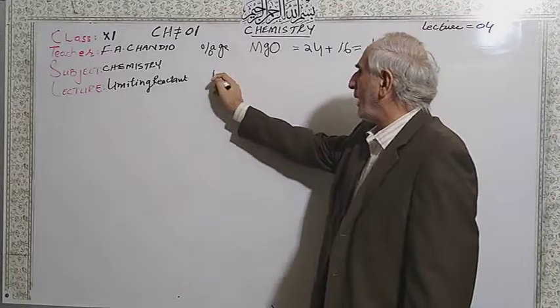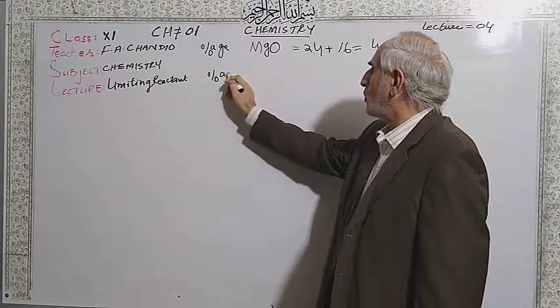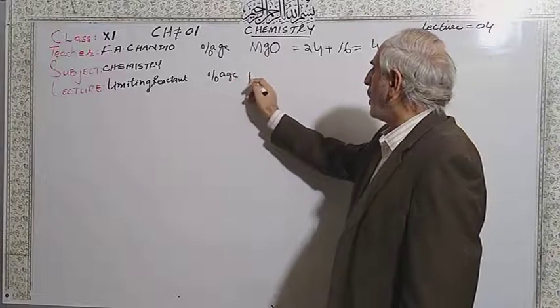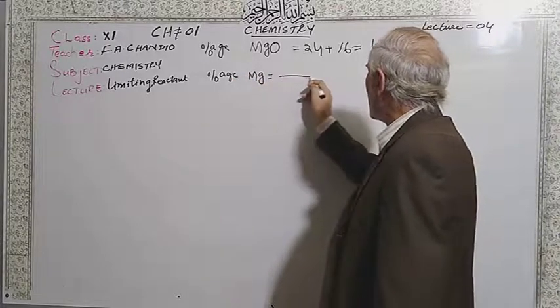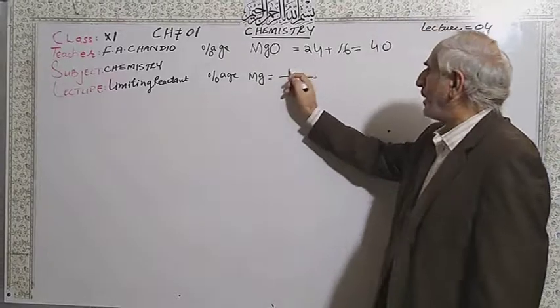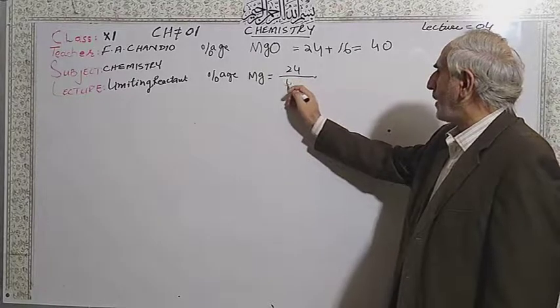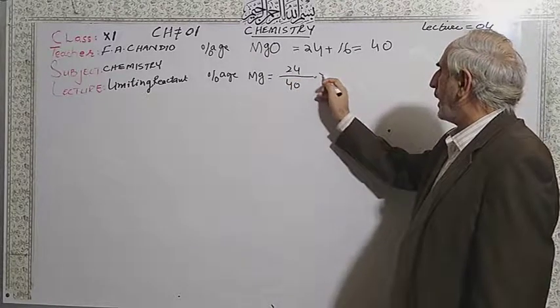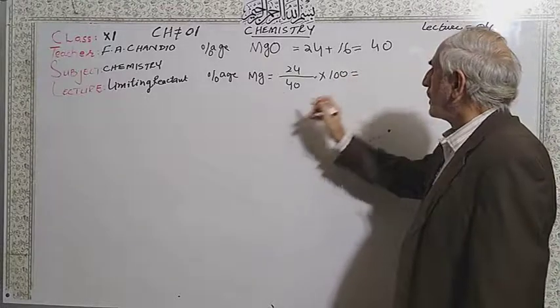If you want to calculate the percentage of magnesium, then atomic mass of magnesium, 24, divided by total mass of the compound, that's 40, and multiply by 100.